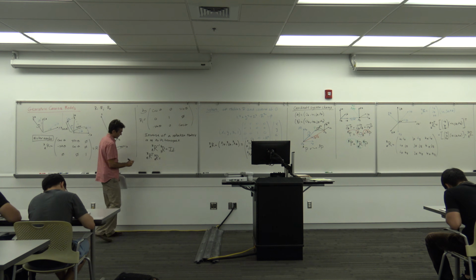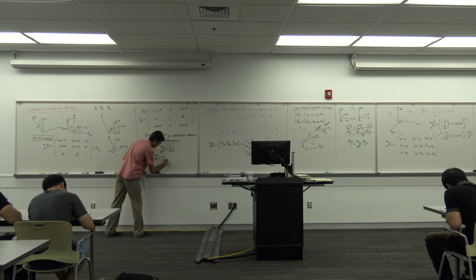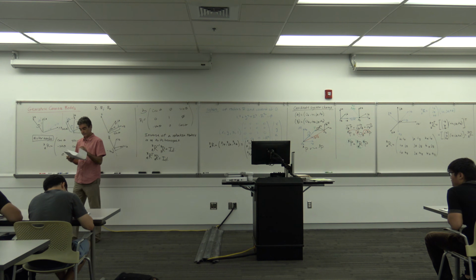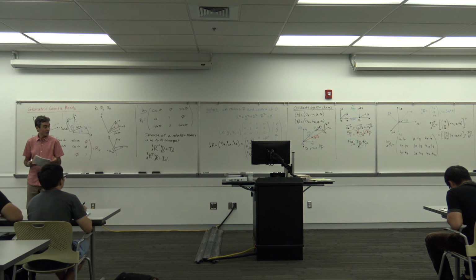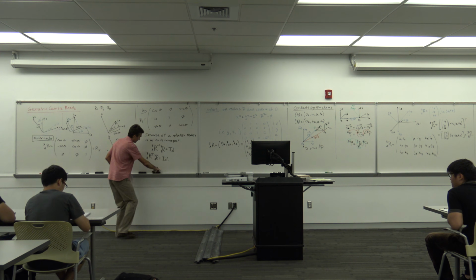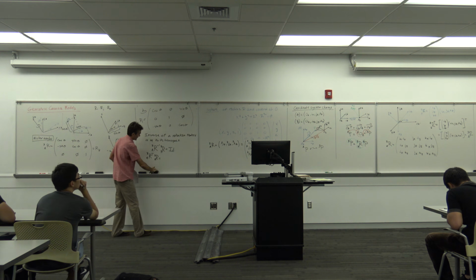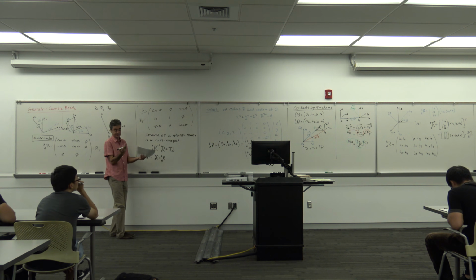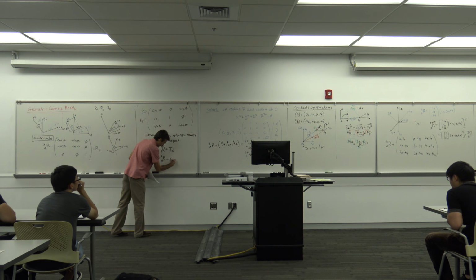Therefore, this is equal to the identity matrix as well. Or better said, this is the same as rotating from A to A, which obviously is the identity matrix.